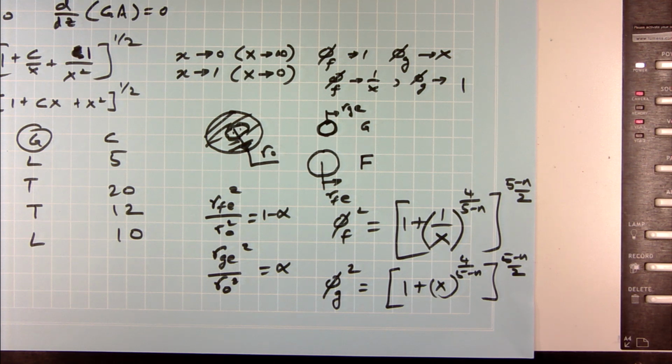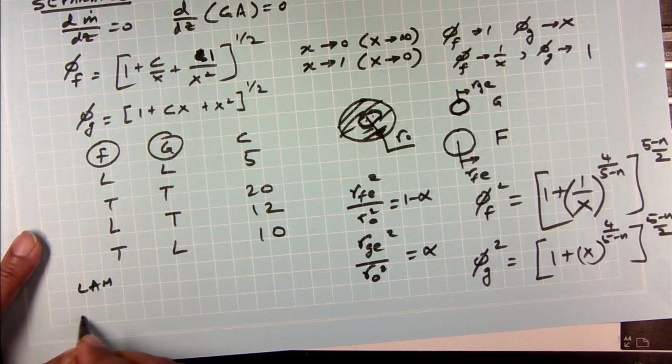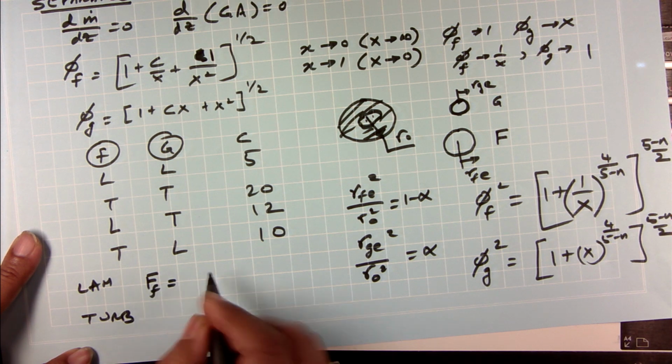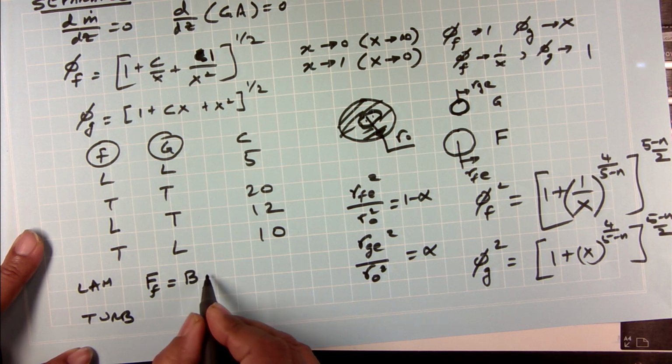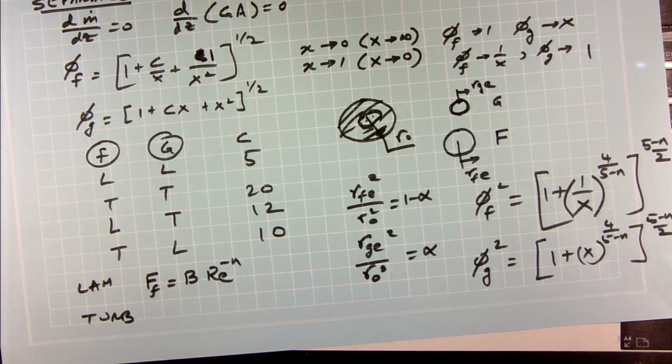Well, if you have laminar flow and you can have turbulent flow, in laminar flow your friction factor, what did we say, was some B times Reynolds number to the power of minus n, is not it?